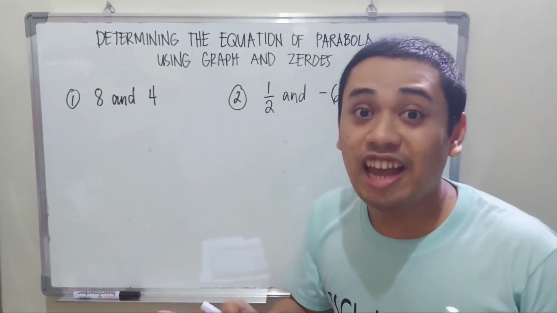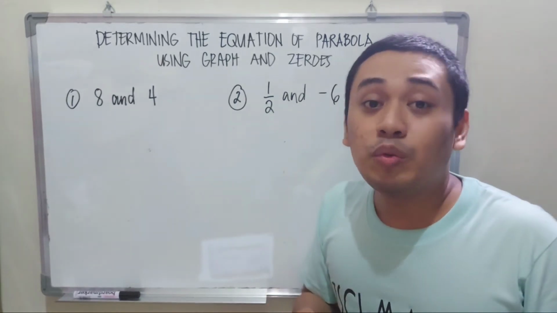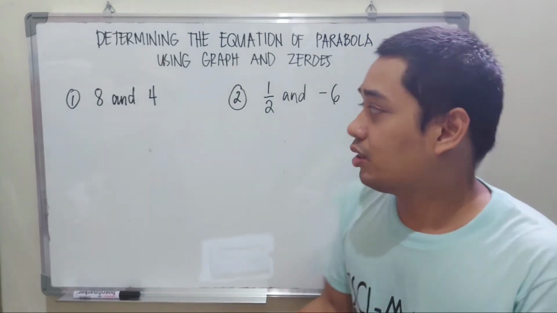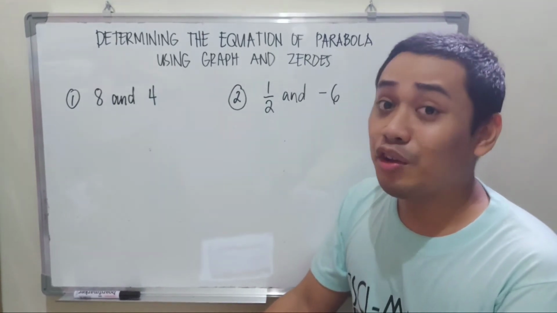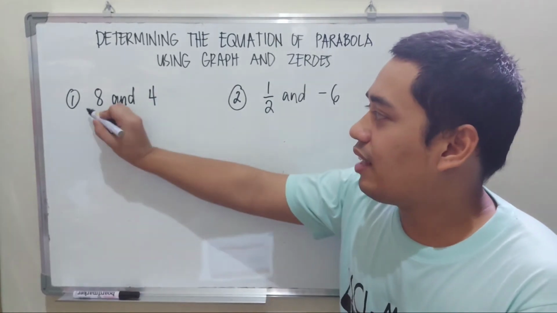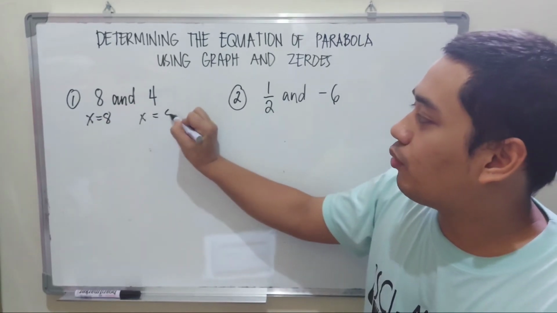Guys, let's try two more examples using the zeros, then we can generate our equations. So for our number 1 example, we have 8 and 4. We know for a fact that x is equal to 8 and x is equal to 4.